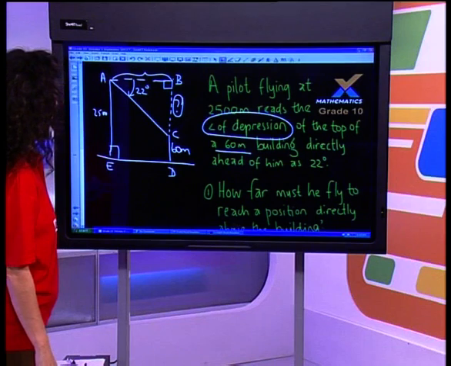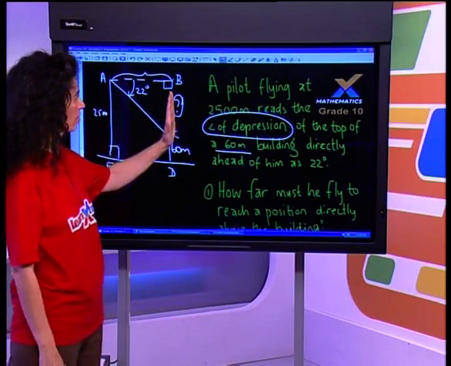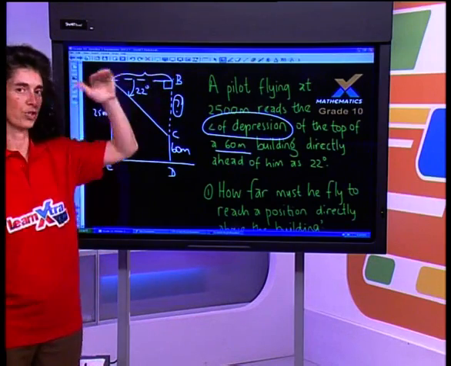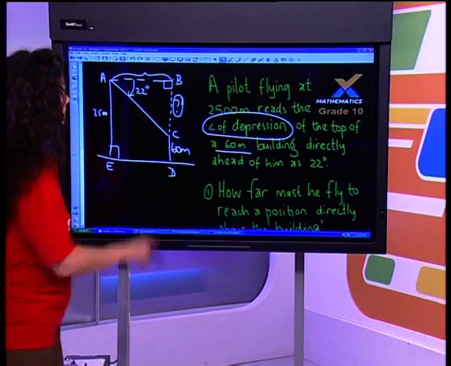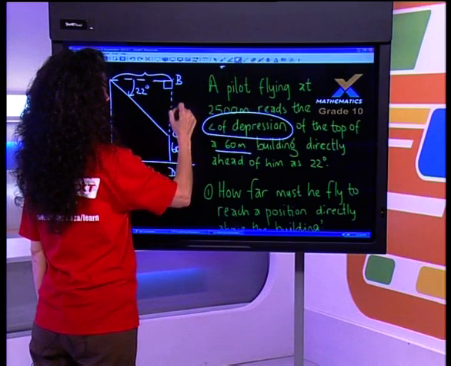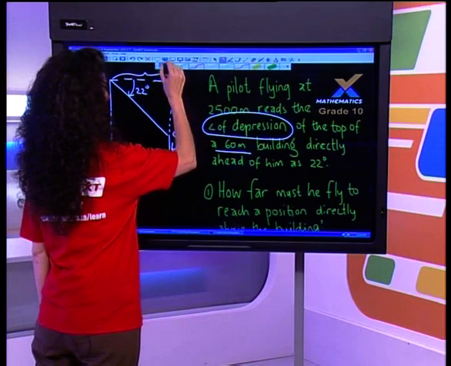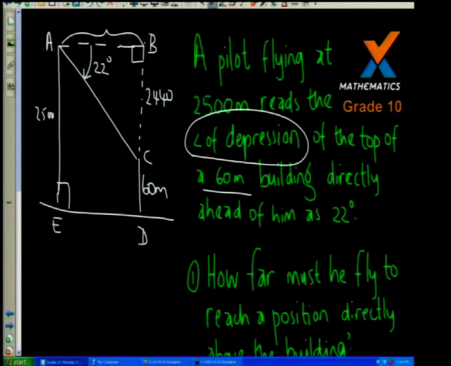So we really do need to know how much that is. Well, that's not difficult to find, because the distance that the plane was flying, if he travels all the way across and we're assuming he's flying at 2,500 all the way, then this length over here is indeed just going to be 2,440. Okay, to give us that whole total of 2,500.